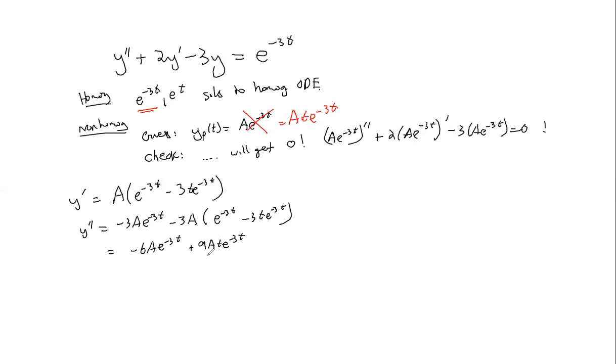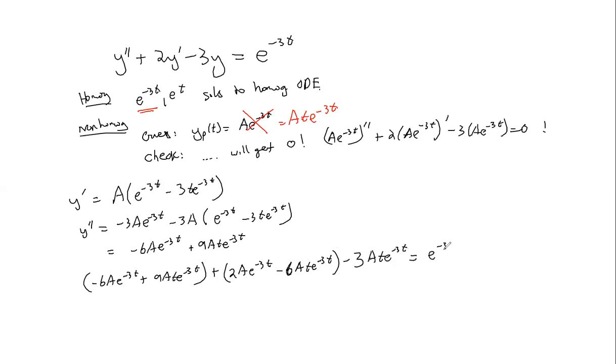And you should get something in terms of t. Okay, and then you can compare terms on both sides. So the coefficient of t e to the negative 3t should be 0, and the coefficient of e to the negative 3t should be 1.